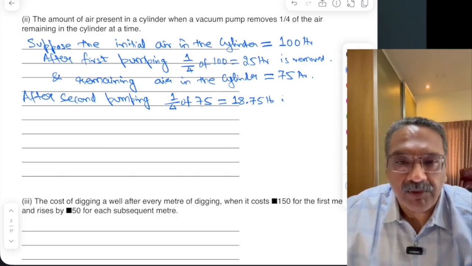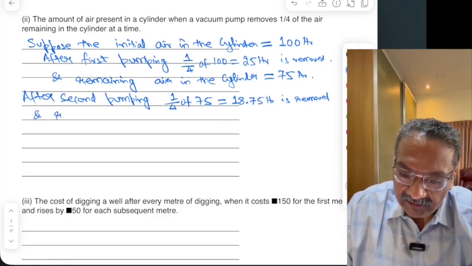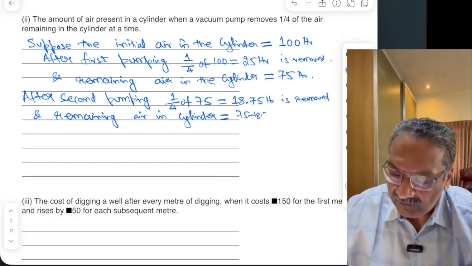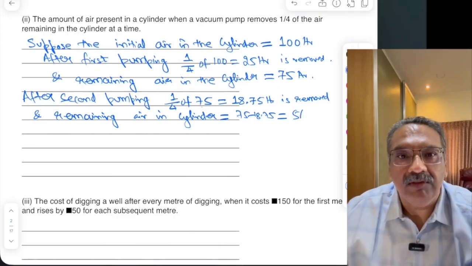So when 18.75 liters is removed, the remaining air in the cylinder is equal to 75 minus 18.75, which happens to be 56.25 liters. So now we have got three terms.